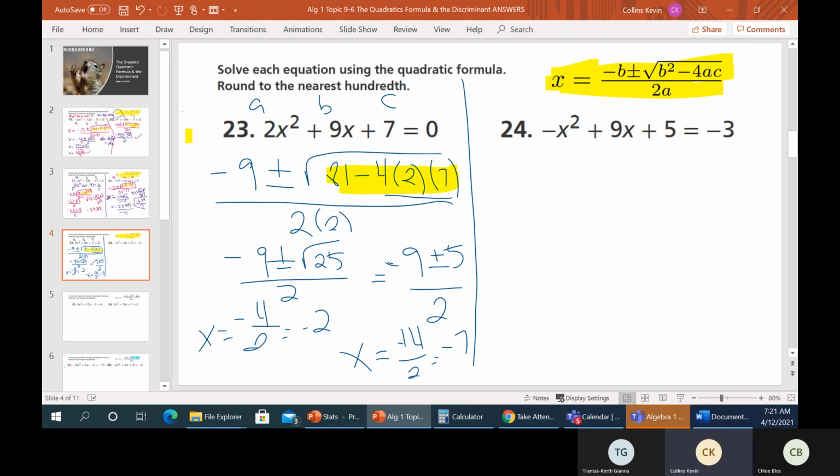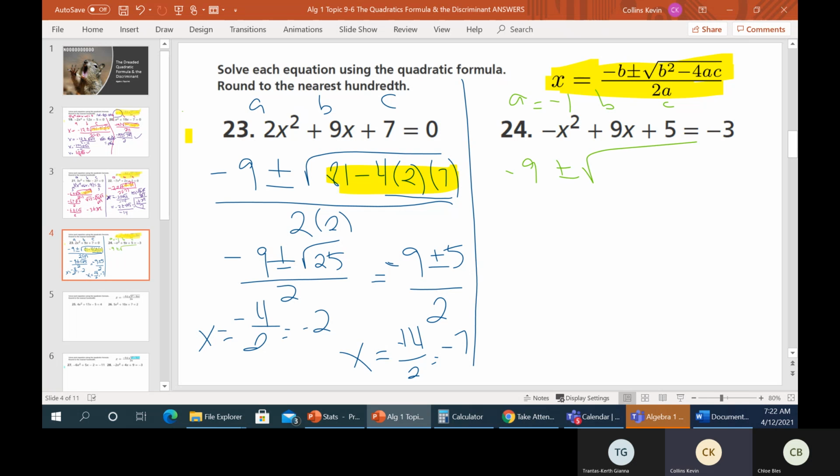All right, so then same deal here. Since there is no number here except a minus sign, A is going to be -1, right? And B is going to be 9, and C is going to be 5. All right, so we just start plugging in our numbers. So again, if B is 9, minus B is -9, plus or minus the big square root.